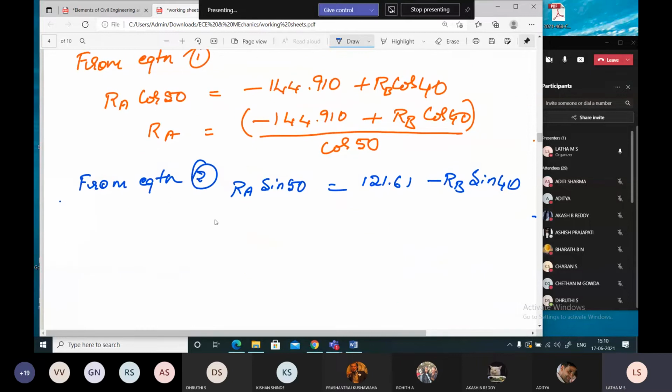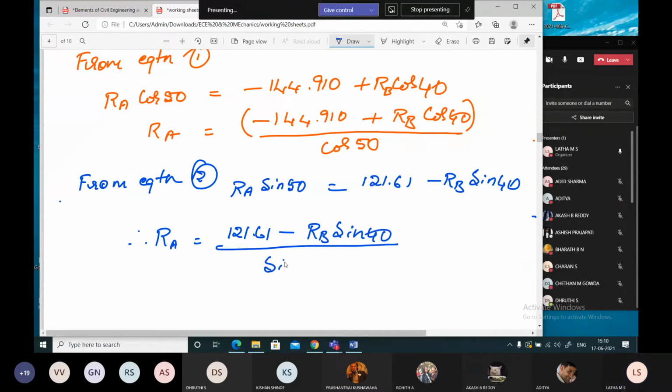Therefore, RA equals 121.61 minus RB sin 40 divided by sin 50. Correct? So I'll call this equation 3 and this equation 4.